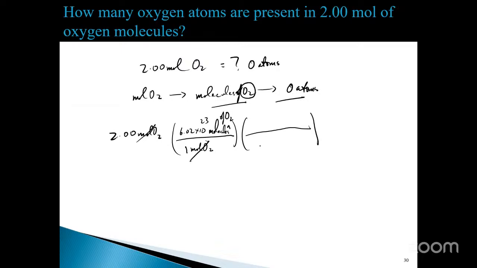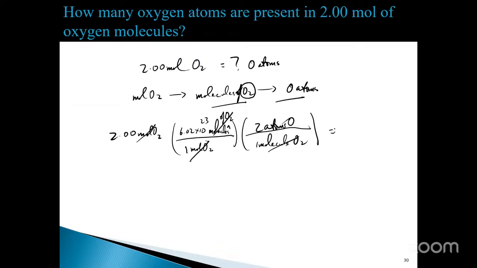So it would be 2 over 1. You're going to put 2 atoms of oxygen and 1 molecule of O2. That's it. This will cancel out with that.